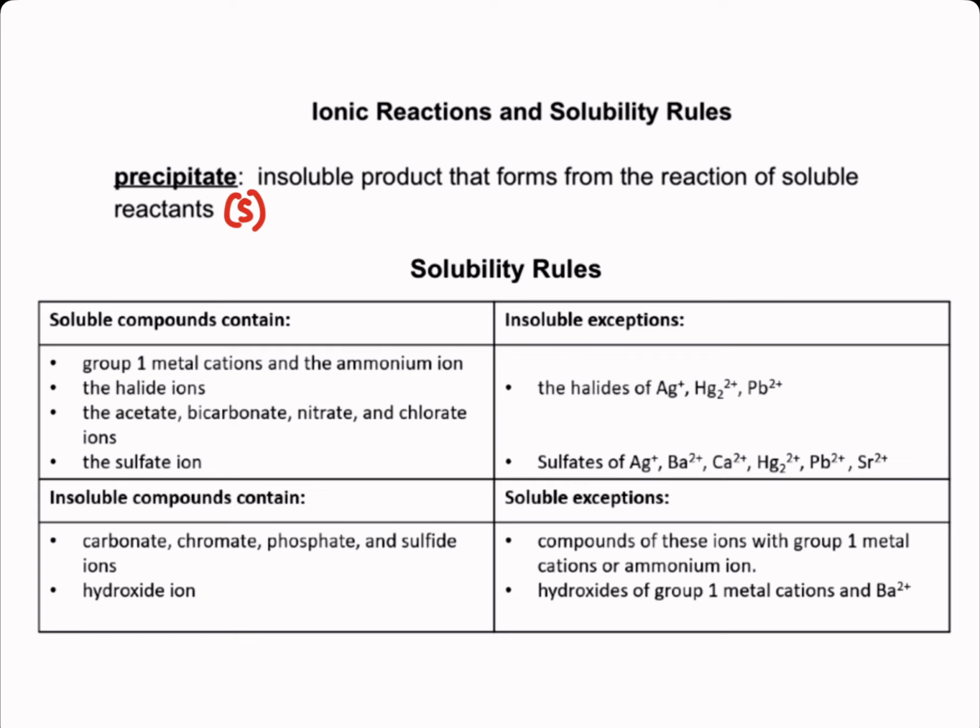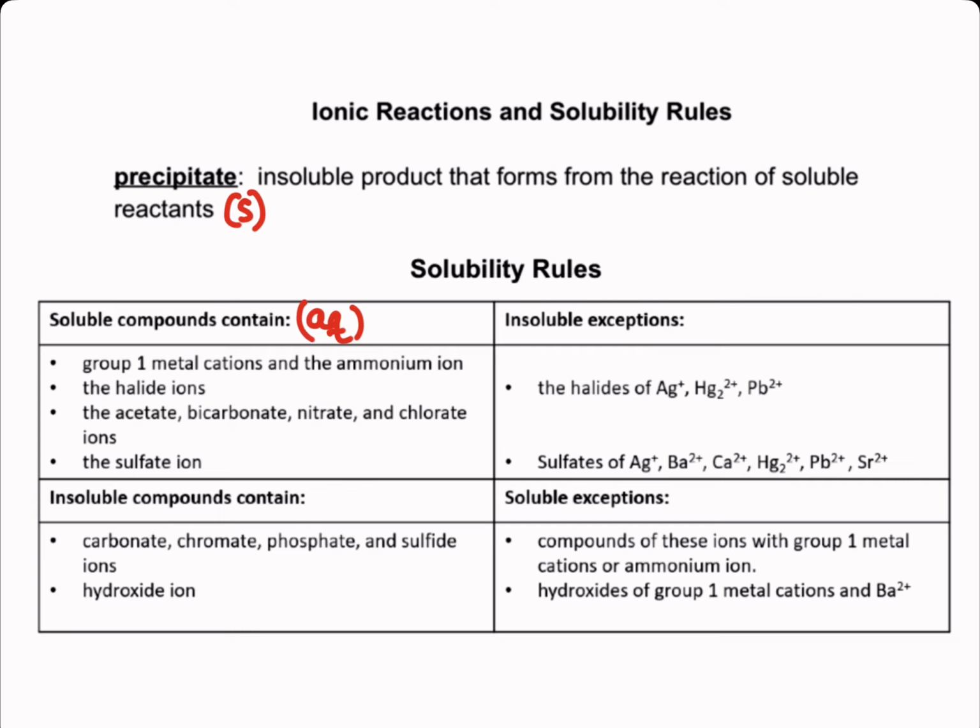Remember that the solubility rules are only used for the products. The reactants should be soluble, meaning AQ. So if your products are soluble, they get the symbol AQ, which means aqueous. And you read the table by looking at the exceptions to the rules.